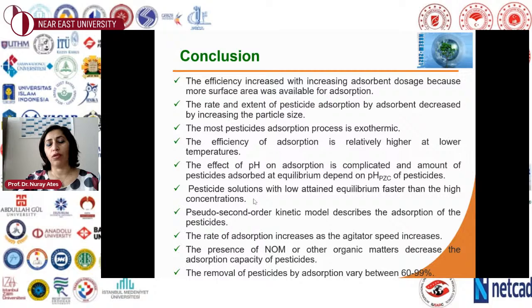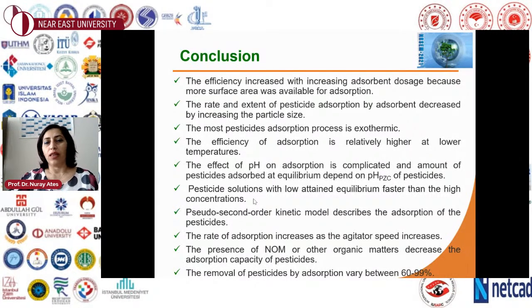The reverse is also true. If the pH PZC value of the pesticide is lower than the solution pH, at that time the pesticides are negatively charged, and repulsion occurs, and the adsorption capacity and efficiency decrease.